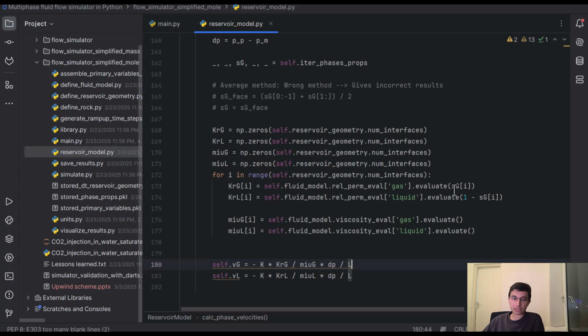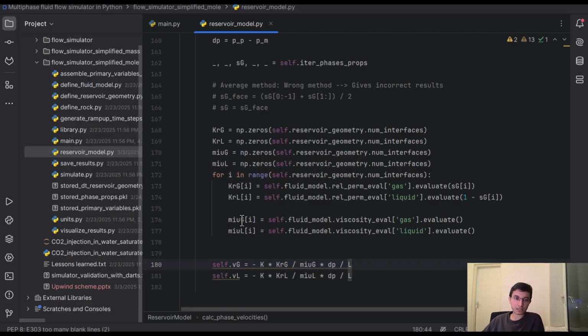KRG is a function of saturation, phase relative permeability is a function of saturation. Here I have assumed that phase viscosities are independent of any variables, and so as you see, we don't have any input arguments. So if it is dependent on some variables, we have to use the Upwind scheme.